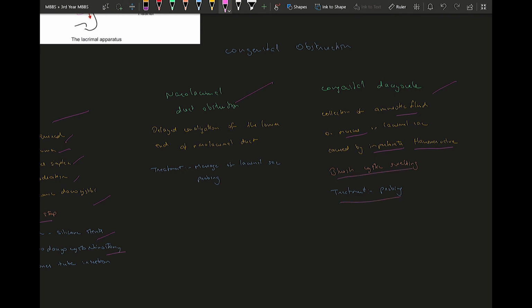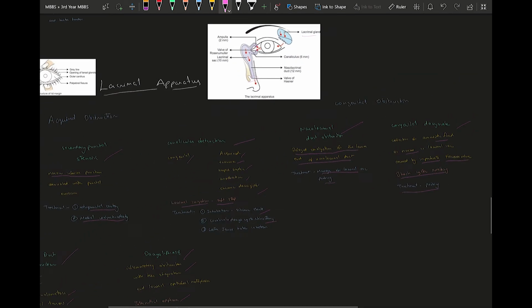The treatment for this will be probing. The other one is nasolacrimal duct obstruction, where there's delayed canalization of the lower end of the nasolacrimal duct while developing. So the treatment for this would be massage of the lacrimal sac.